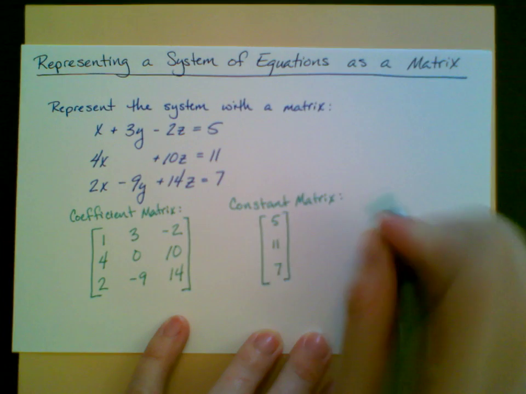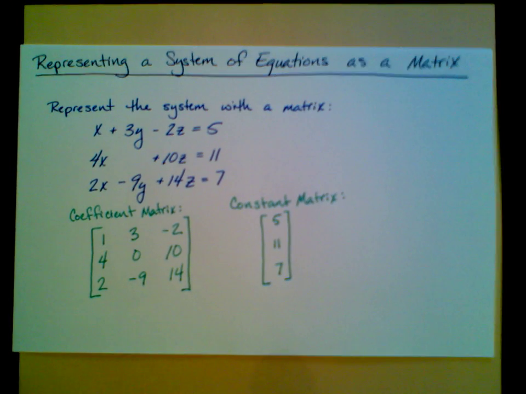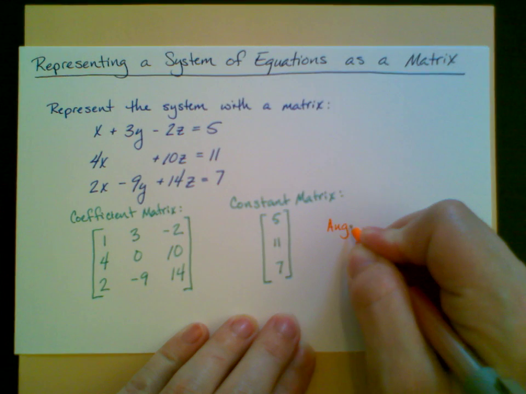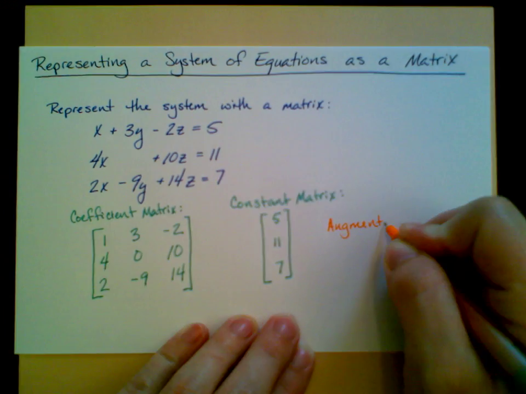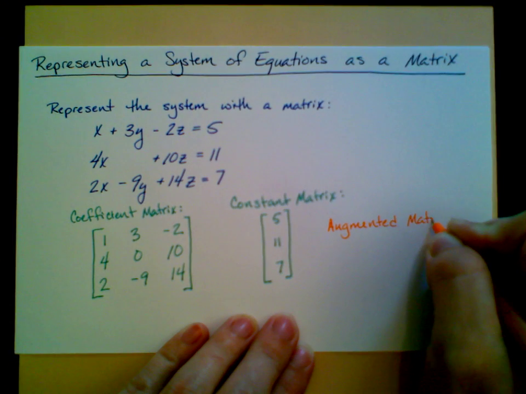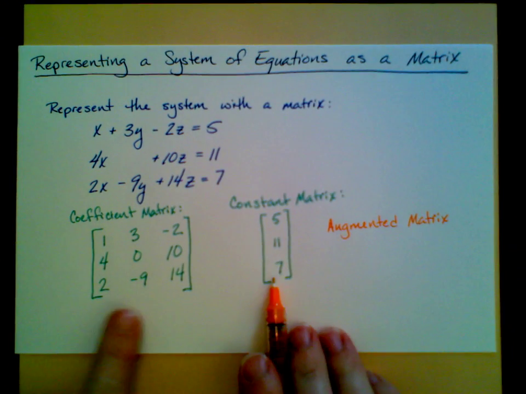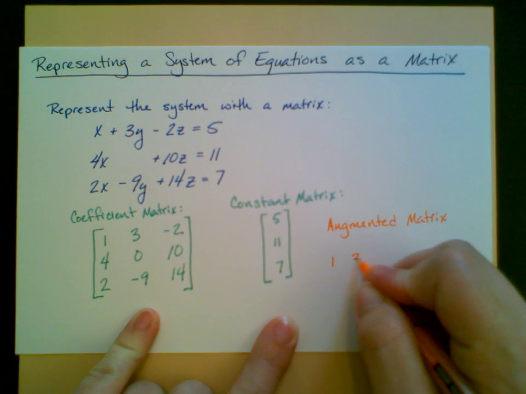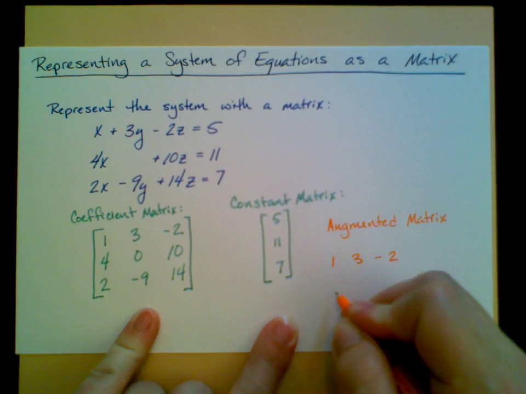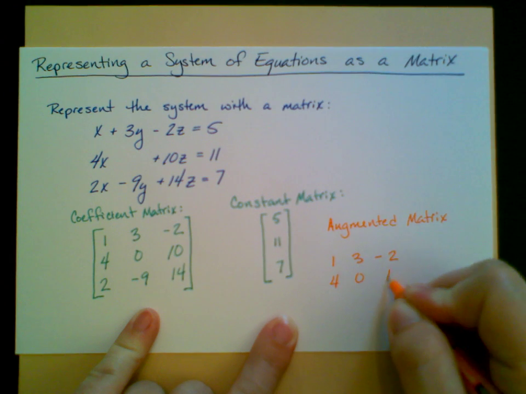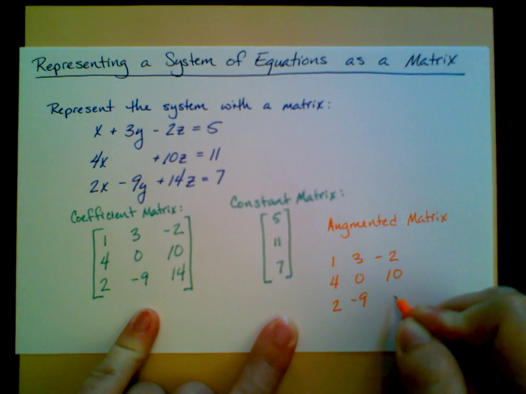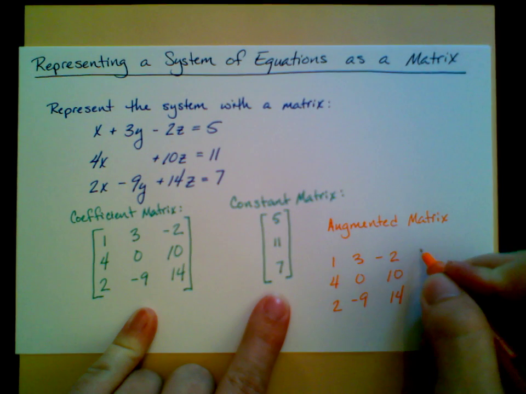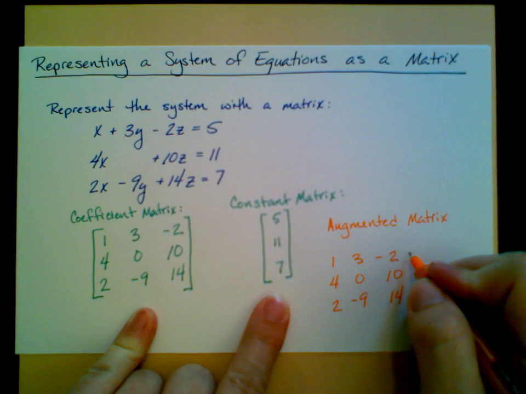What I'm going to do instead of working with them separately is to essentially glue them together. I'm going to form, switch colors here, and I'm going to augment, that is, make my matrix bigger, by gluing the constant matrix onto the coefficient matrix. So I will have the coefficient matrix as I had it, and then I'm going to glue the constant matrix onto it.